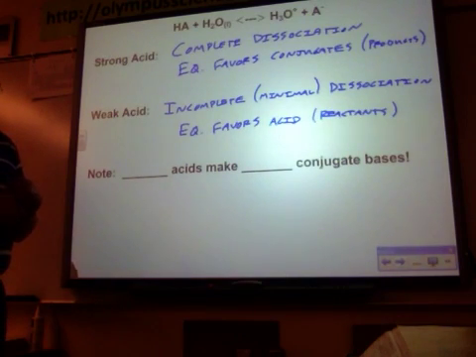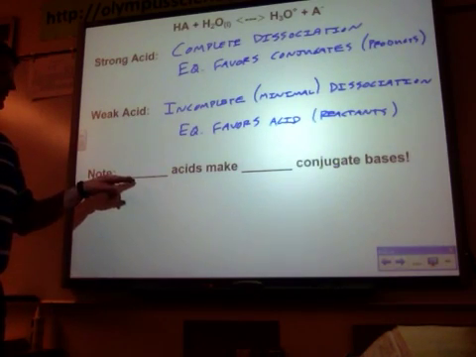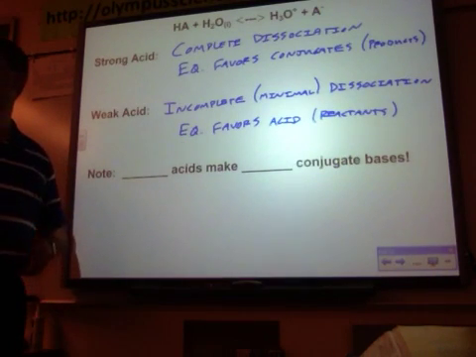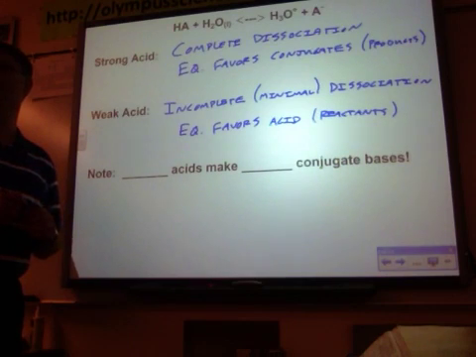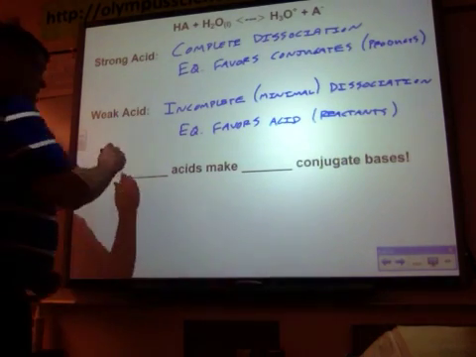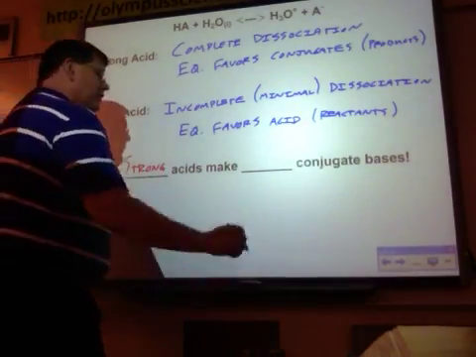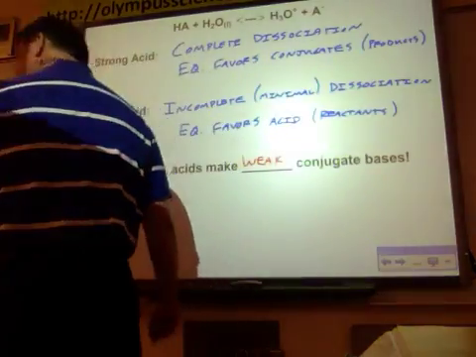Now, another point that kind of follows here, although it's not immediately obvious that it does. You can fill in the blanks here. Blank acids make blank conjugate bases. If we define these in terms of weak or strong, we can say this. Strong acids will make weak conjugate bases.